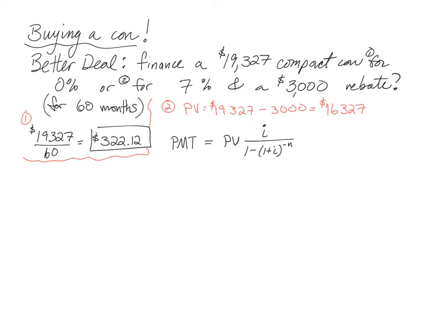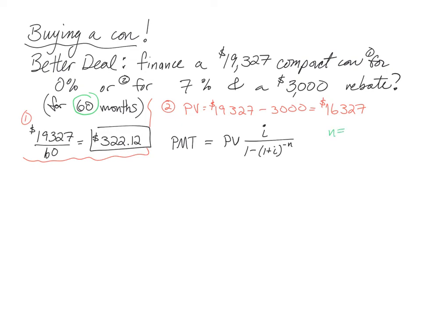So the formula that you learned a couple slides ago is just this formula solved for PMT, for the payment. That being said, all we have to do is figure out I, and we already know what N is. 60 months, 60 total payments that you will be making on this car.